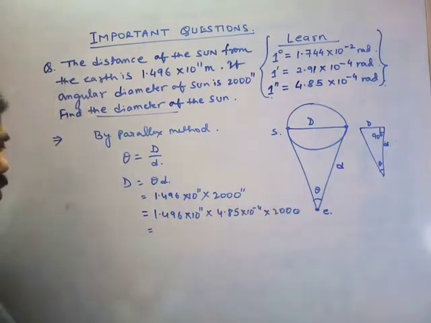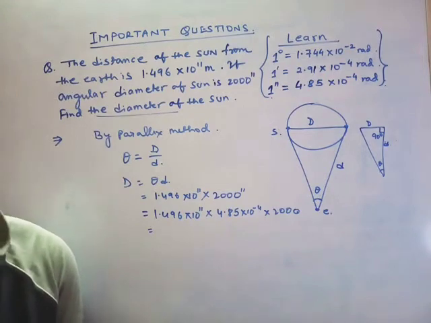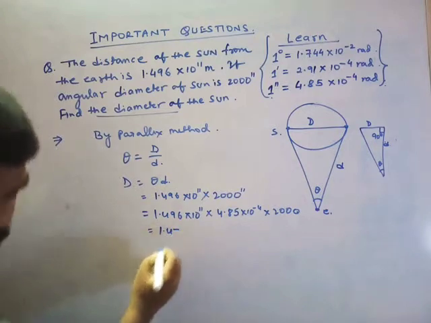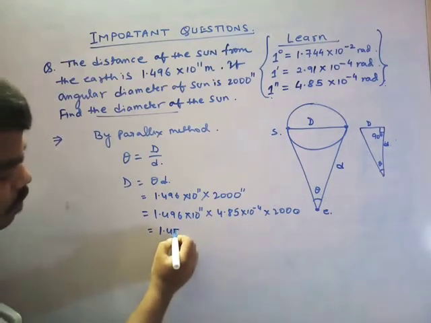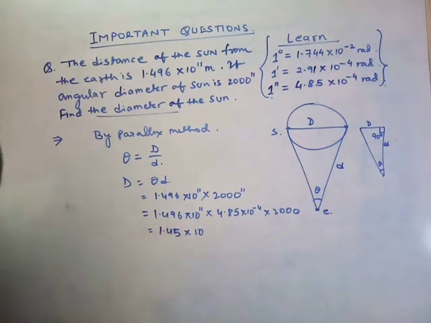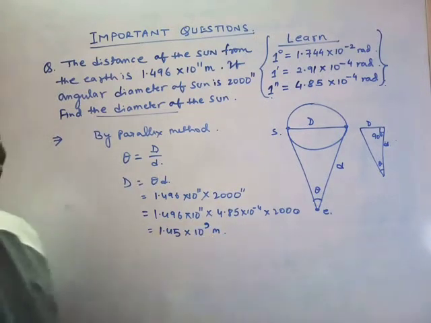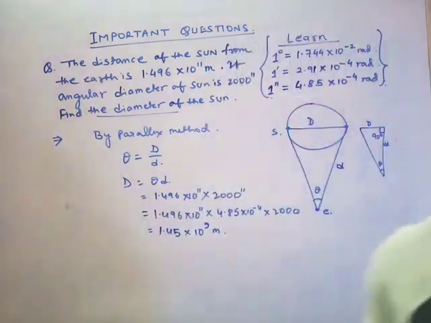When we multiply, then only we'll get the answer. I will just write the answer in front of you. The answer is 1.45 into 10 to the power 9 meter. So this is the diameter. Finding the answer this way is very easy for you.